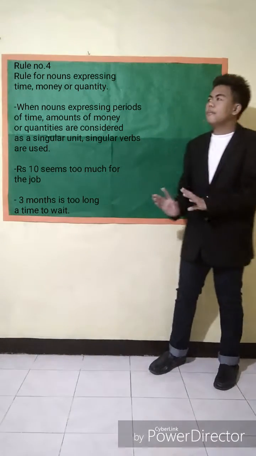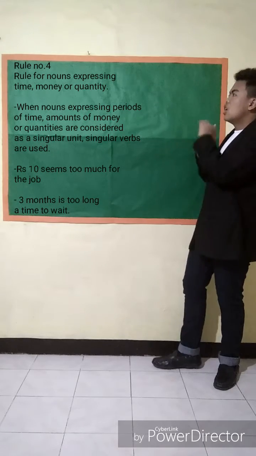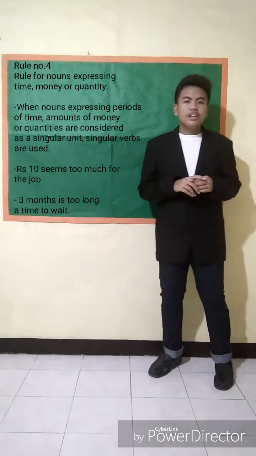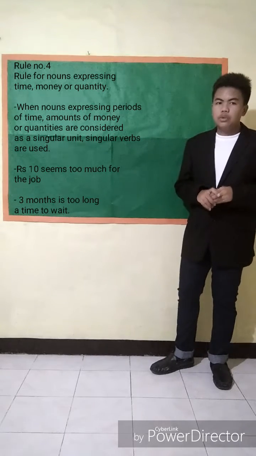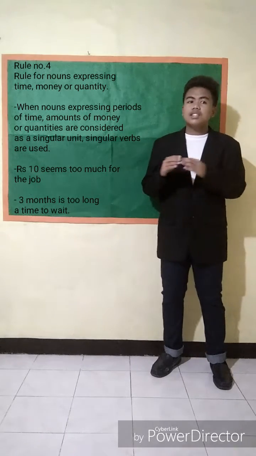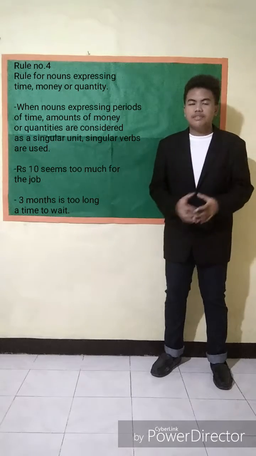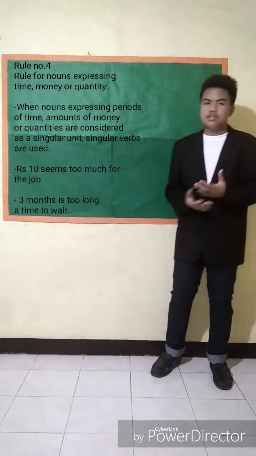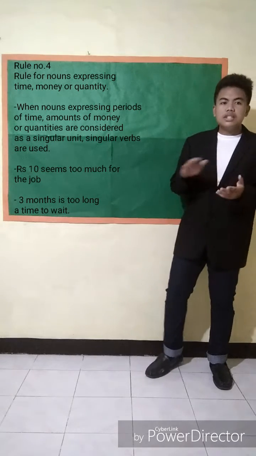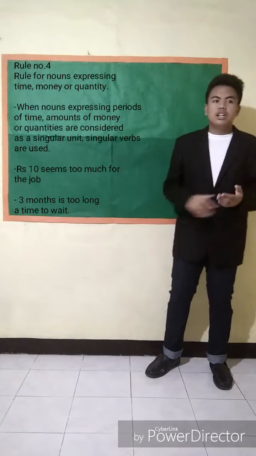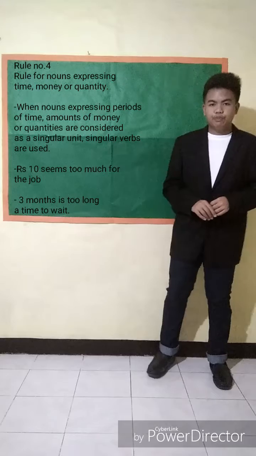So they're using an amount of money in the sentence. Another: three months is too long a time to wait. So they're using a quantity of time. That's rule number 4.